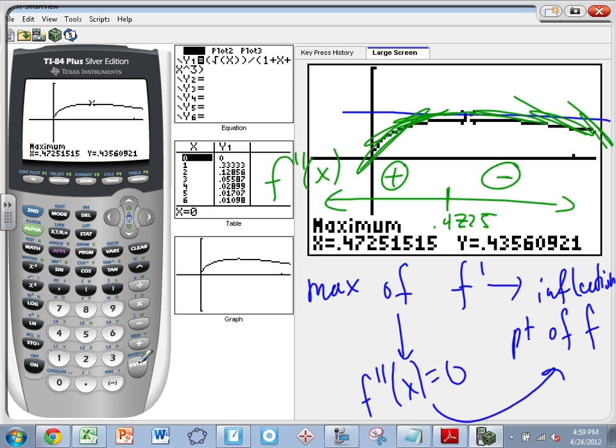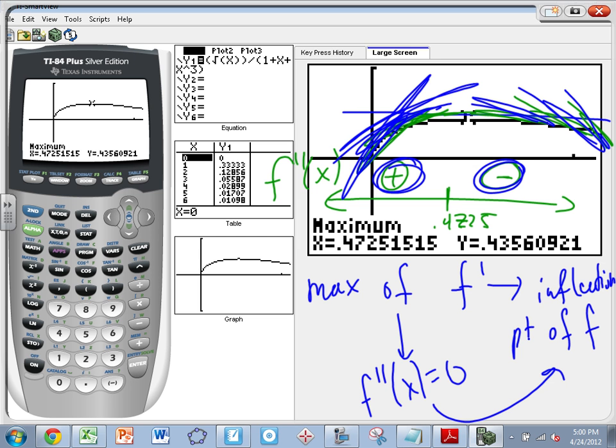Yes, you're looking at the first derivative, but what I'm saying is, look at the number line we're graphing, Kenny, f double prime. When you're graphing the second derivative, you need to be looking at the slopes of the first derivative to get the second derivative. The slopes of the first derivative are negative over here, thus the second derivative is negative. The slopes of the first derivative are positive over here, thus the second derivative is positive over there. You're talking about the slope itself. Yes, the slope itself.